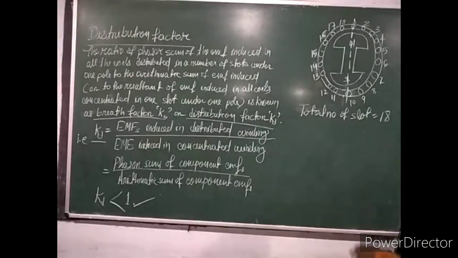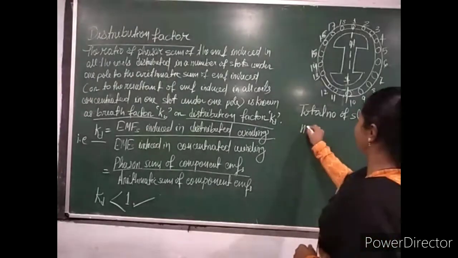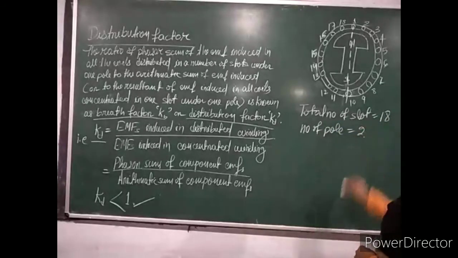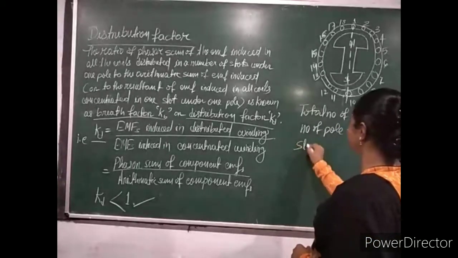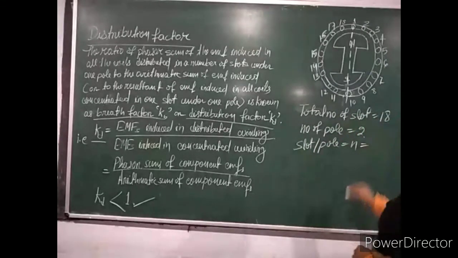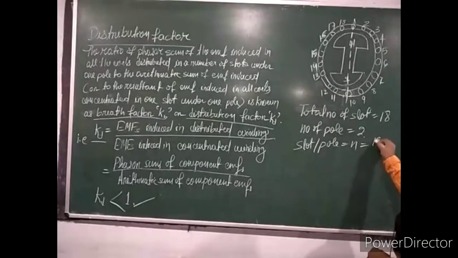Okay. The number of poles is 2. So the number of slots per pole, defined by small n, is equal to 18 by 2.